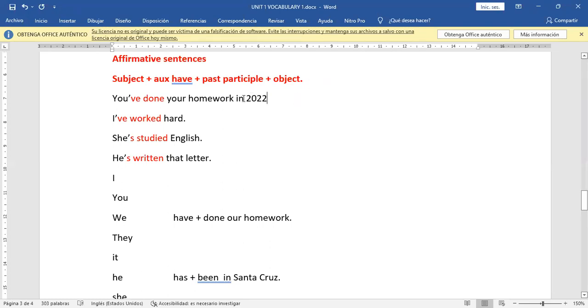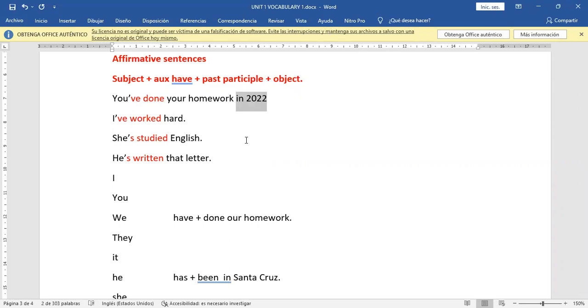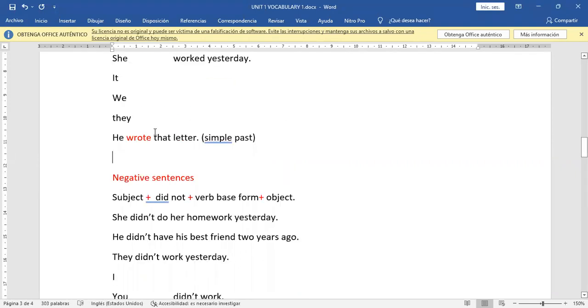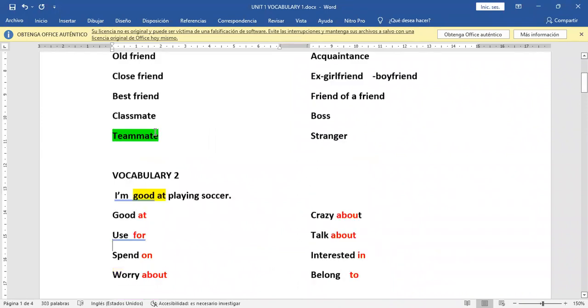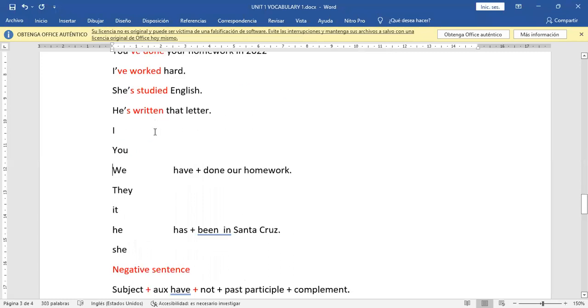No. Si utiliza tiempos simple past y no así con present perfect. Y eso vamos a trabajar mañana. Tomorrow we are going to work on it. Any questions, my friends? ¿O están más confundidos? What do you say? Say something. That is the difference between present perfect and simple past.